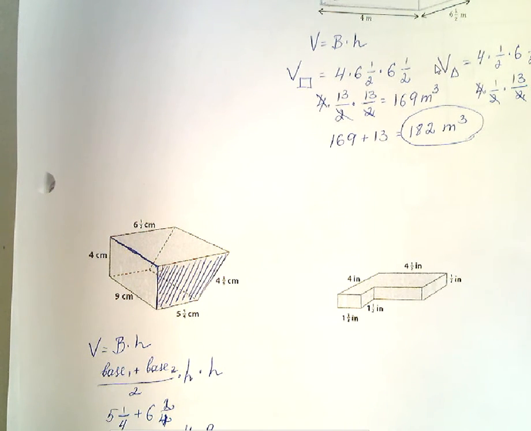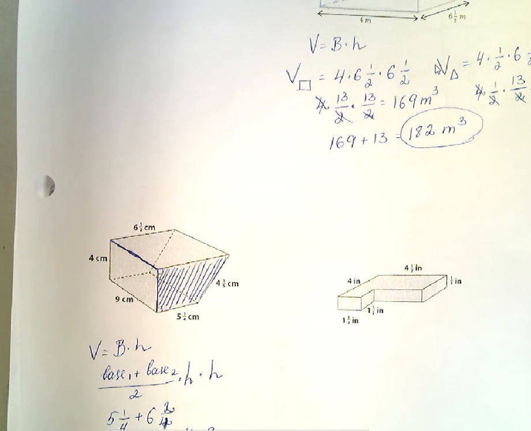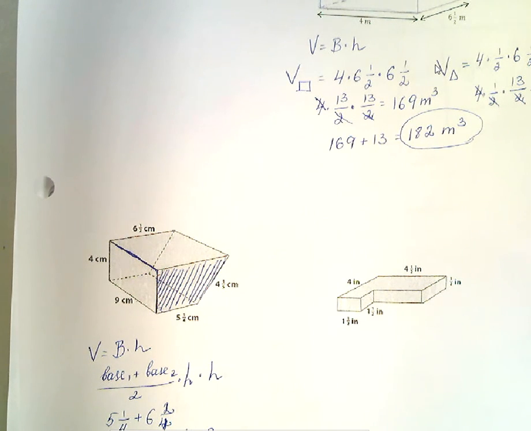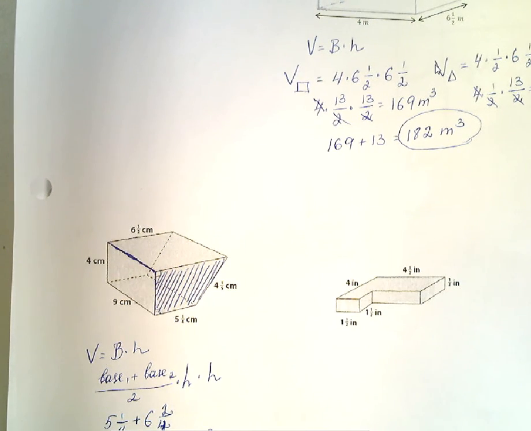So that is 2. Okay, and then I will have 47 times 9, 423 halves. And then when I divide that by 2, I will get 211 and 1/2 centimeters to the third power.